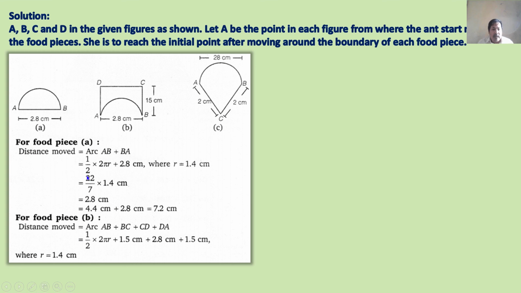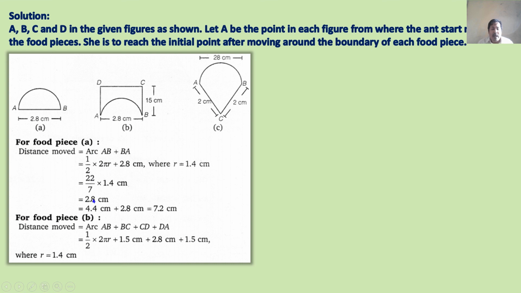Once again student, this part, you see 22 by 7 into 1.4. If you cancel 7 and 1.4, you get here 0.2, and if you multiply by 22, you will get here 4.4, isn't it? This should be plus.